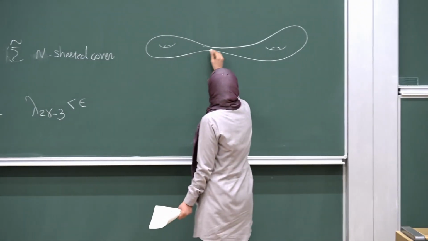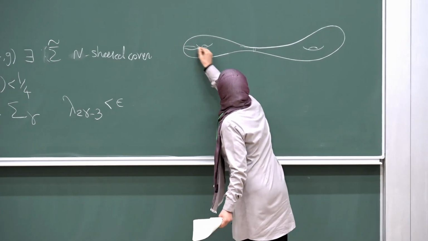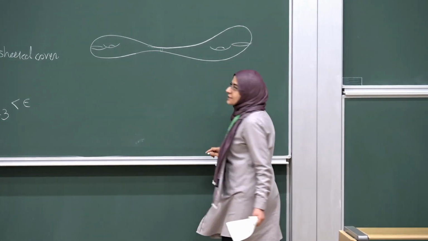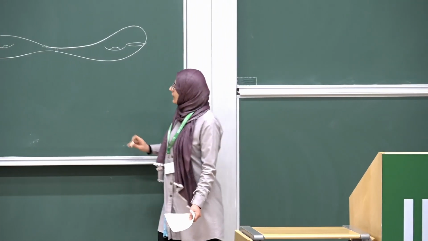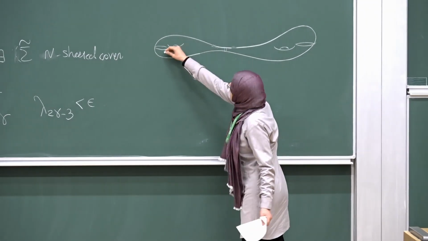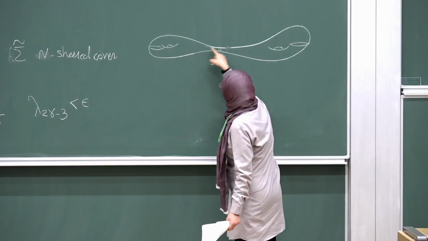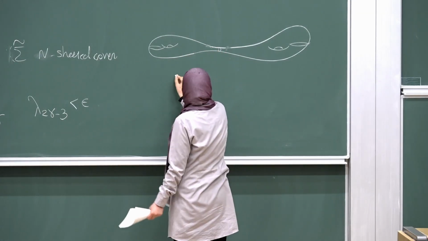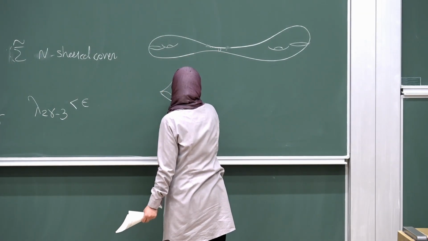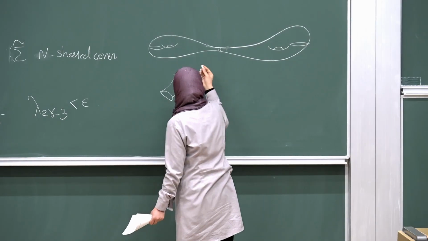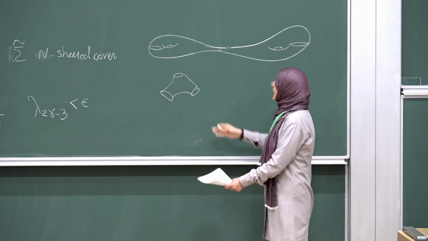If I have a surface of genus 2, and I cut along these closed geodesics, then I get pieces which look like trousers, called pairs of pants.